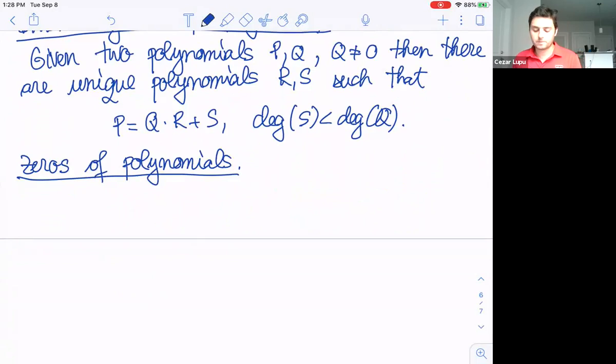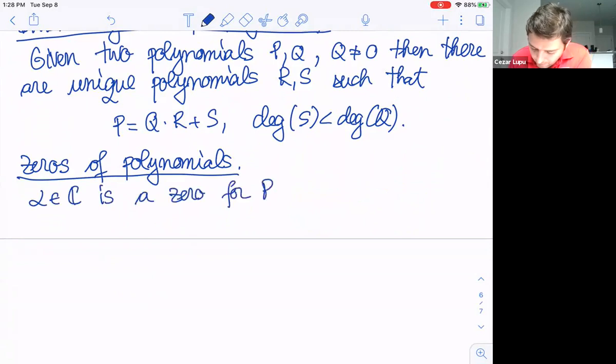Well, I would like to say a few things about zeros. So we say that alpha, a complex number, is a zero for P if P of alpha is zero, right? That's what a zero of a polynomial is.